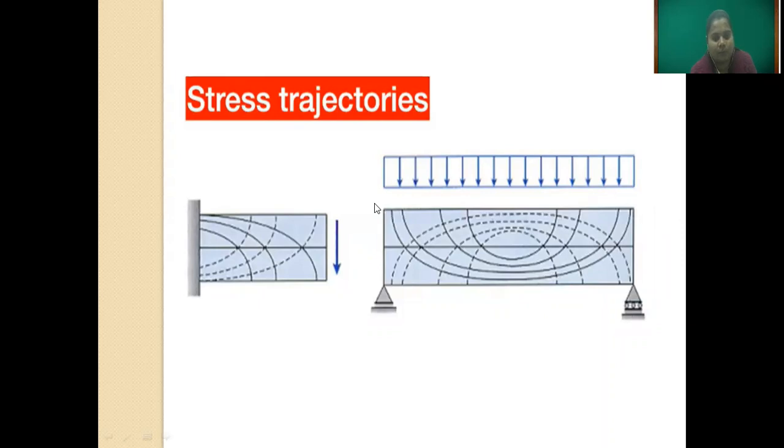Full stop. Continue to the next point, the third point.